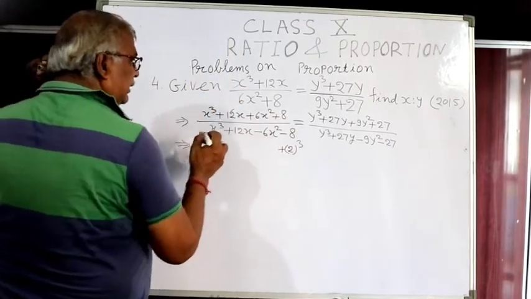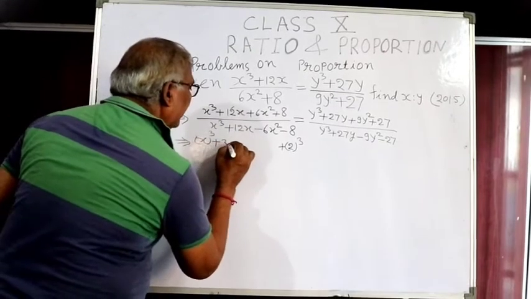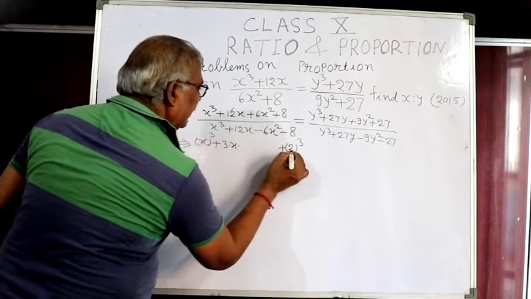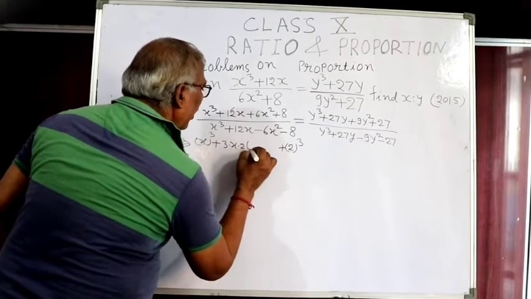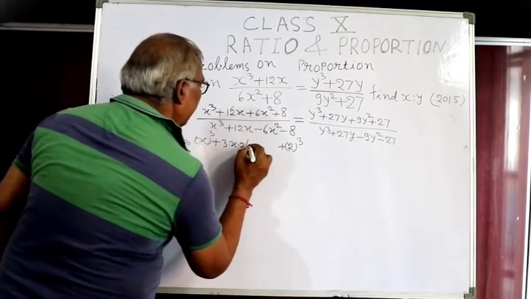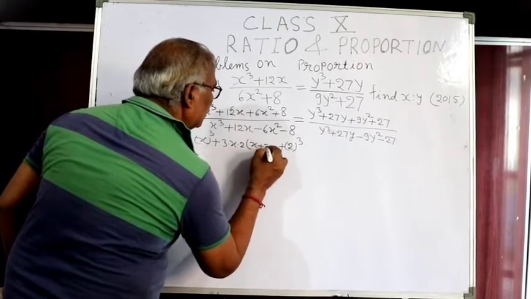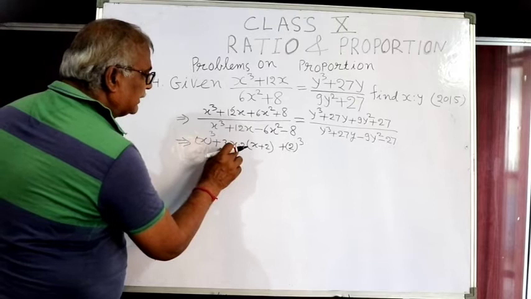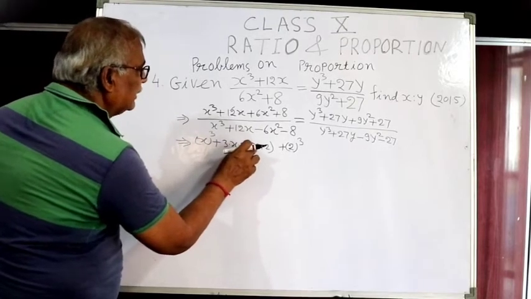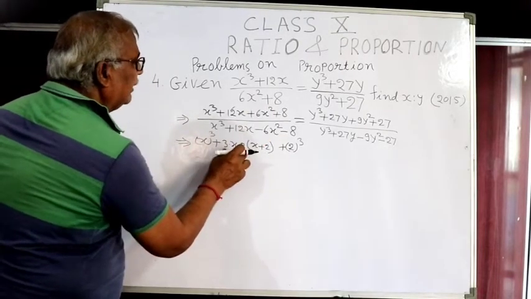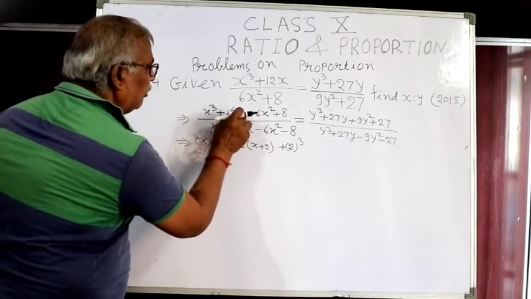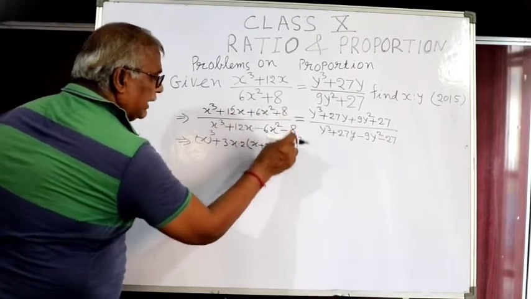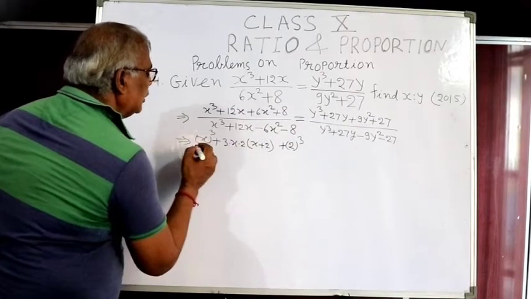Now we will write here 3 into a into b, in bracket a plus b, meaning x plus 2. When you multiply this 3 with 6x, 6x into x is equal to 6x square, and 6x into 2 is equal to 12x. This can be written as this, and this plus 8 can be written as 2 cube.